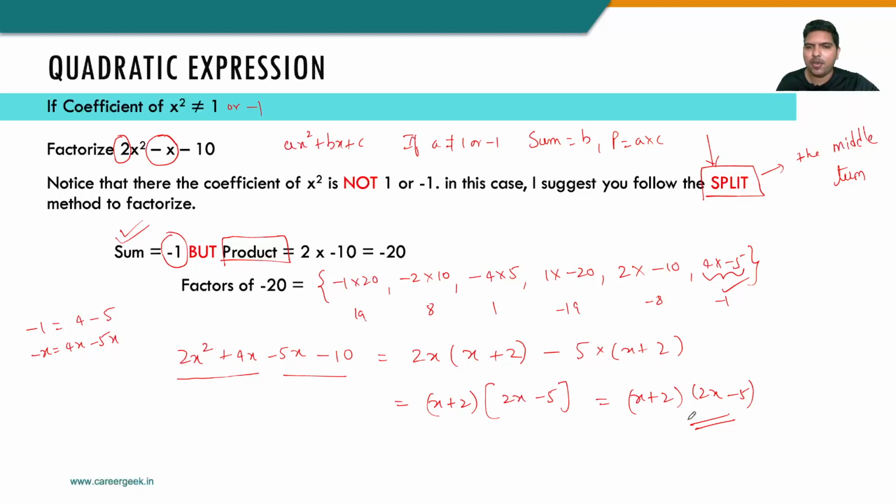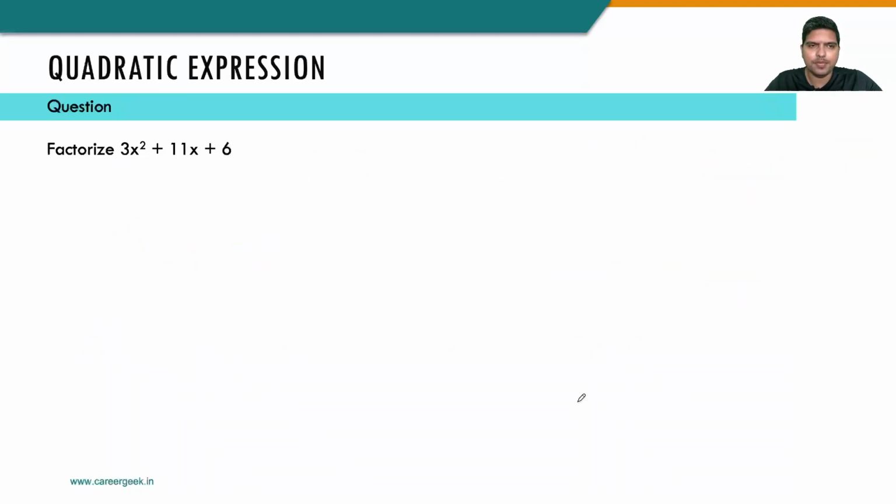Everywhere else we can do this automatically, right? Now the good thing is this is not tested a lot, very rarely, seldom they test this concept when the coefficient of x square is not equal to 1. So you need not bother if you're not comfortable with this method.